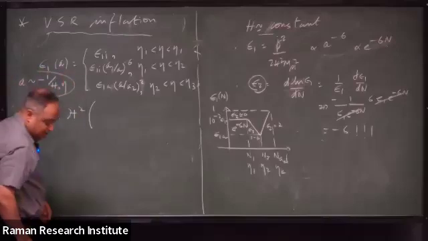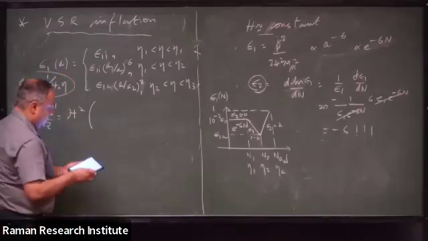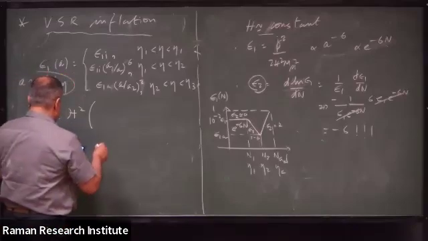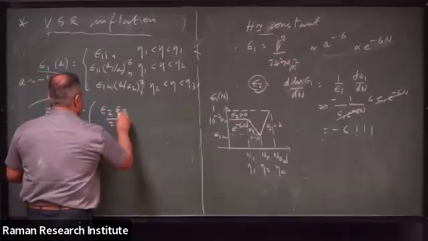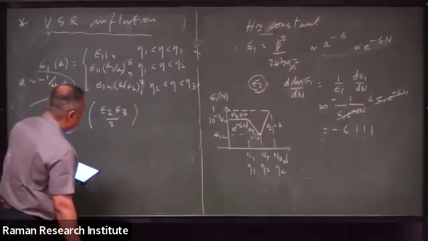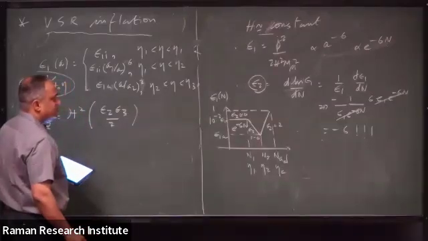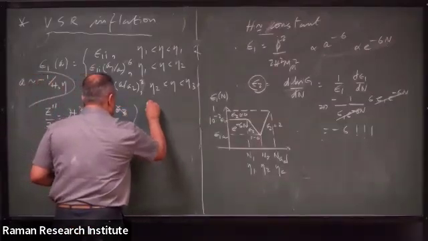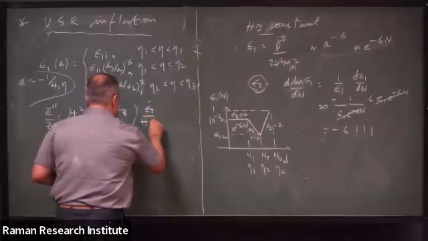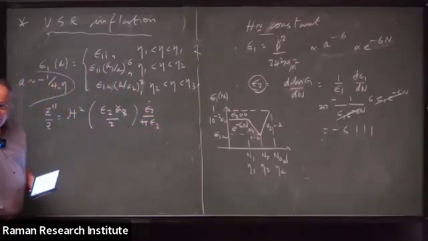So what happens is that there is only one expression that dominates here, it is epsilon 2, epsilon 3 by 2. But what is epsilon 3? Epsilon 3 is epsilon 2 dot by H epsilon 2, correct?